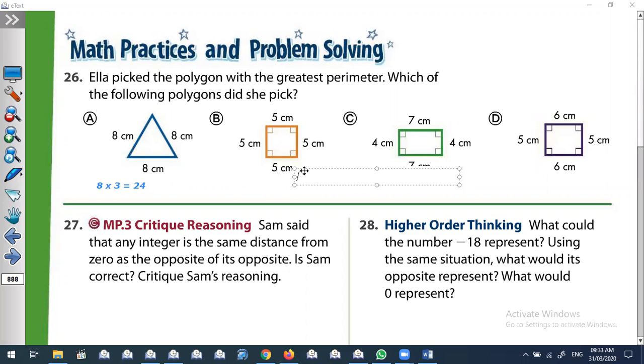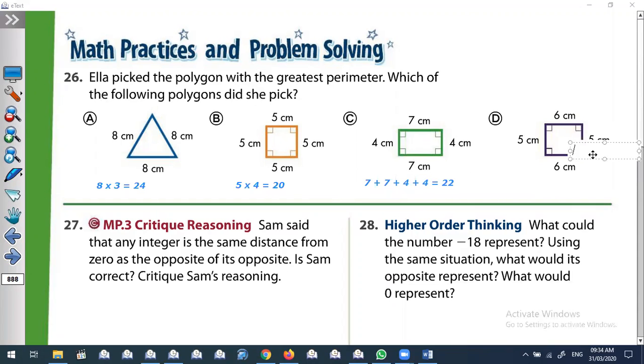Here, the perimeter of this square: 5 plus 5 plus 5 plus 5, means 5 times 4. It will be 20. The perimeter of this rectangle: 7 plus 7 plus 4 plus 4. 7 plus 7 is 14, 14 plus 4 is 18, 18 plus 4 is 22.